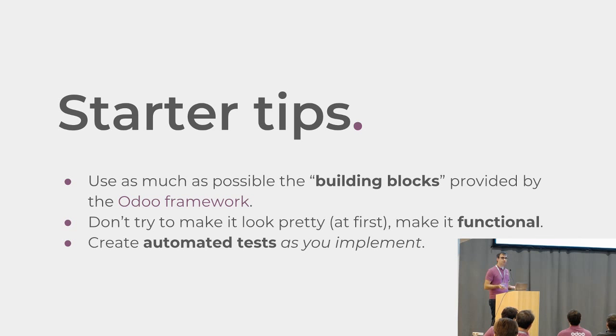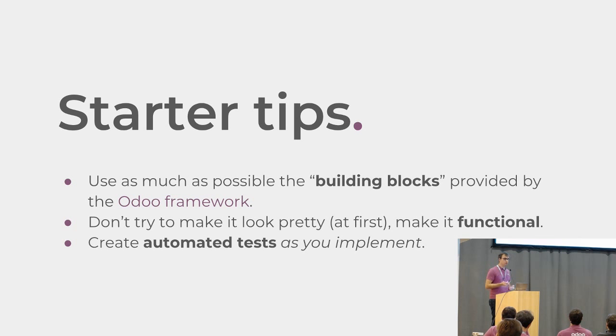And for the first implementation, we don't try to make it look good, actually. We try to make it functional, to be able to discuss the application with the product owner, with the different potential users that we have in mind.